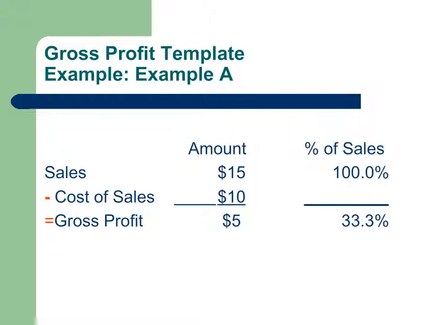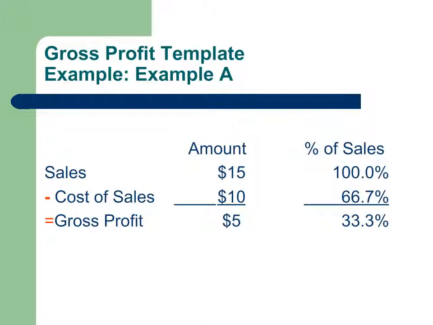Simply stated, 5 is 1/3 of 15. If 5 is 1/3 of the total price, then 10 is 2/3 of the price. The cost of $10 divided by the $15 sales amount is 0.667 or 66.7%.